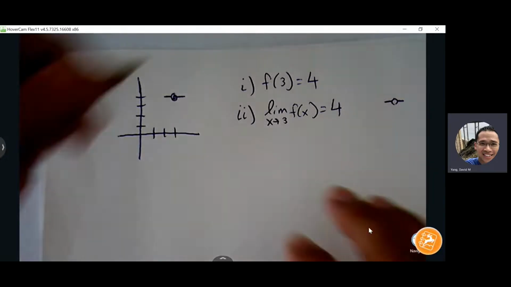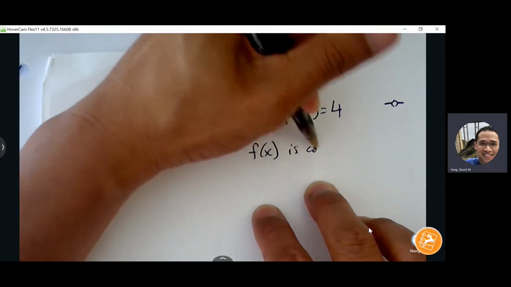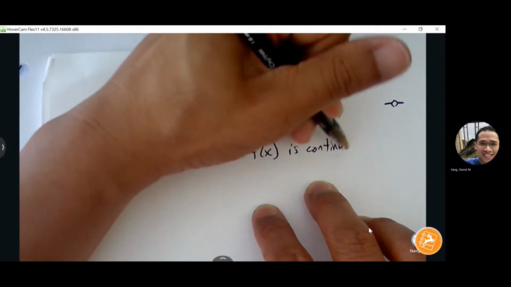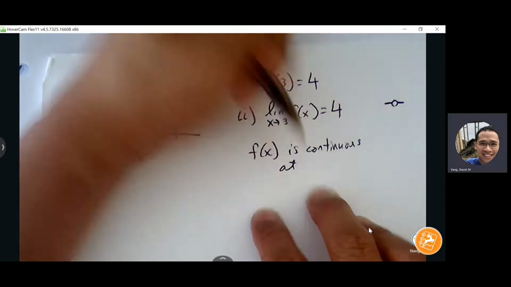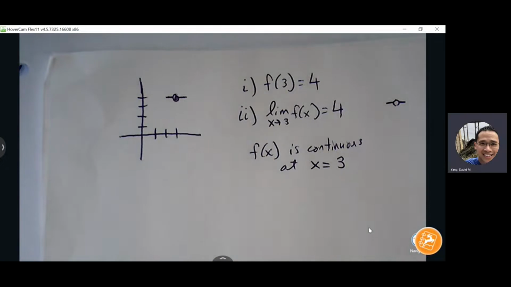So we can say that the function is continuous at x equals 3. That makes sense, right? You guys have seen this before. You've seen situations where the hole gets filled in and all of a sudden the graph becomes continuous, right? There's no breaks, there's no asymptotes, there's no holes.